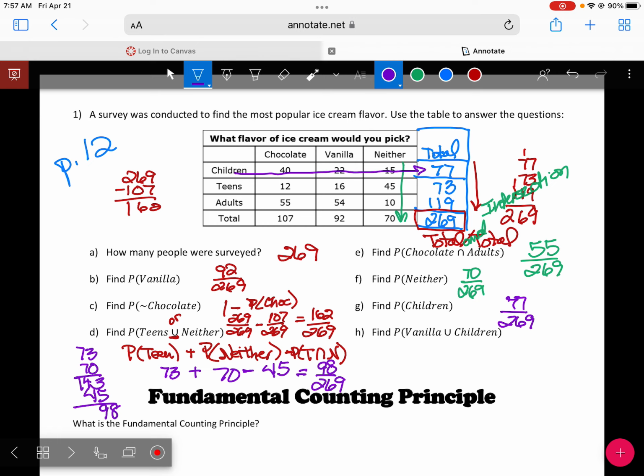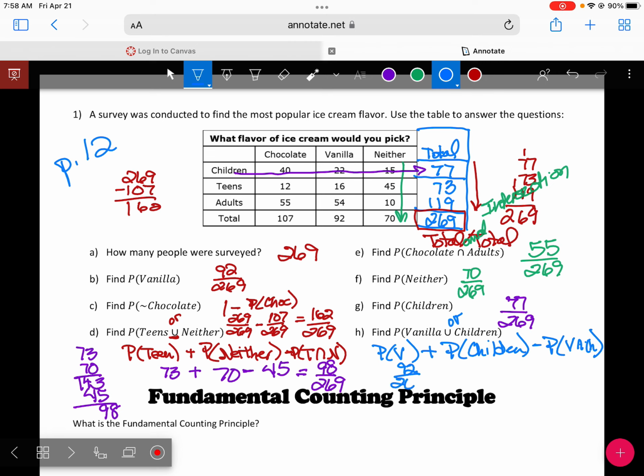Okay, last one. The union. We are for the union. That is an or statement. So we want the probability of vanilla plus the probability of children minus the intersection of the probability of children who like vanilla. Vanilla and children. So what is my probability of vanilla? 92.